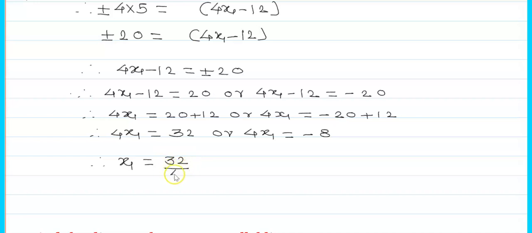And hence x1 is equal to 32 upon 4, or x1 is equal to minus 8 upon 4, and therefore x1 is equal to 8, or x1 is equal to minus 2.